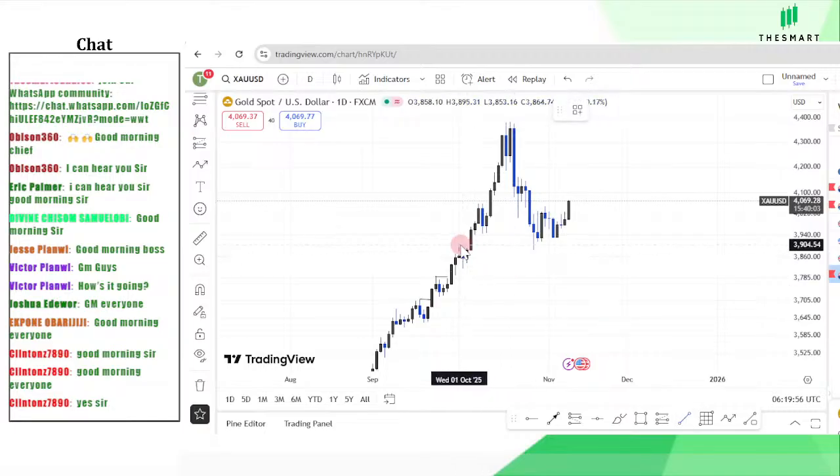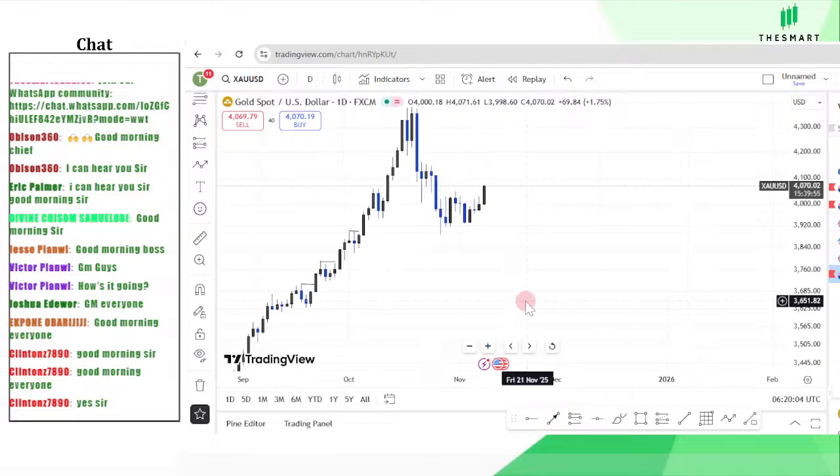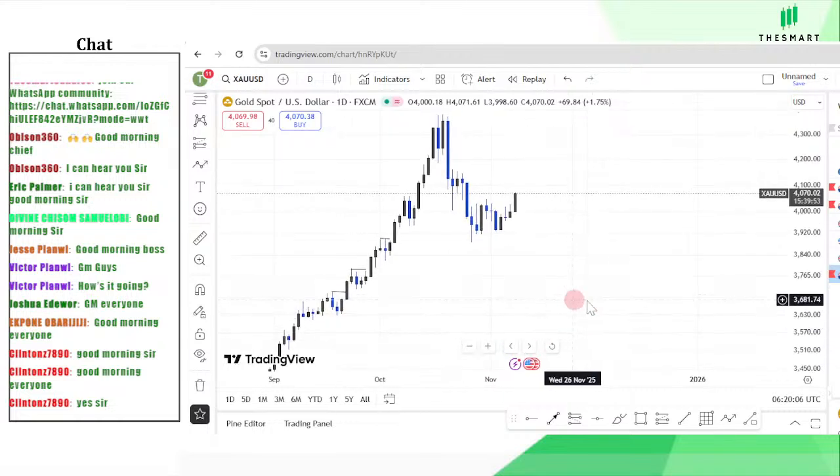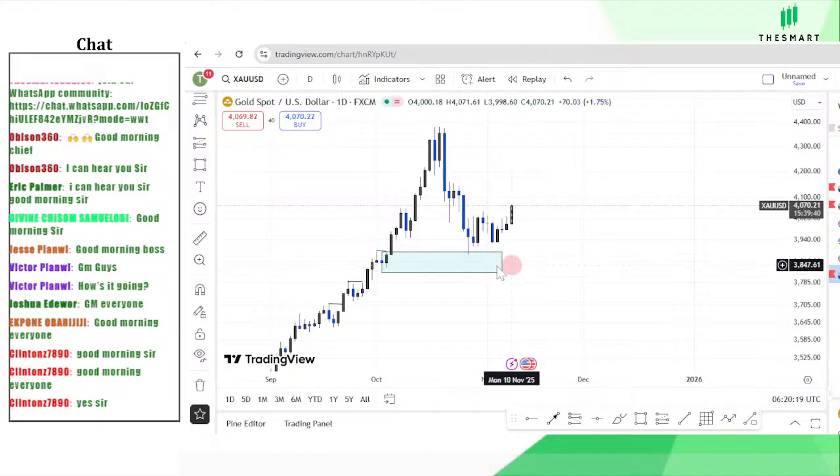We have another break of structure at this level. And if we are to look at where price is reacting from, I can see it seems price is actually reacting from this level on the daily. So on the daily, this is what we have. The price reacting from this level.